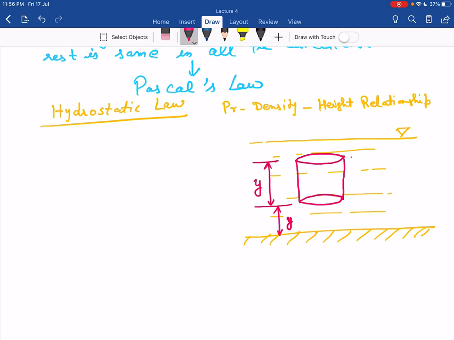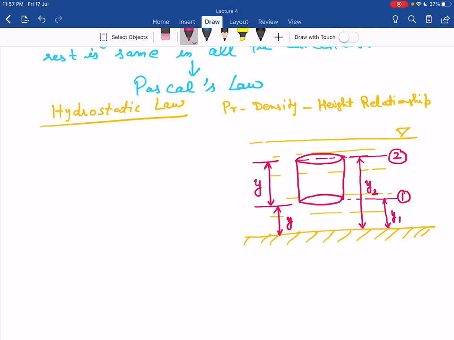The top surface is at height y2, and the bottom surface is at y1 from the bottom. So this we call point 1 or surface 1, and this is surface 2.